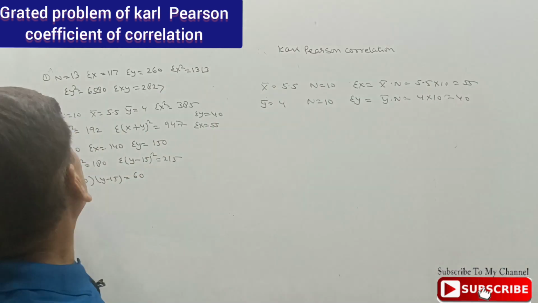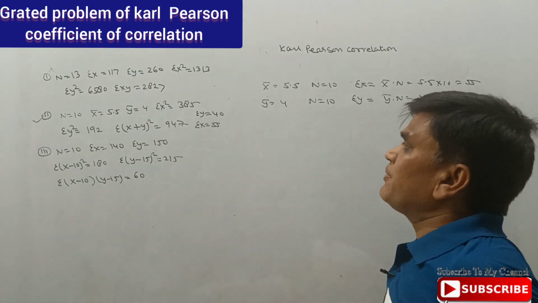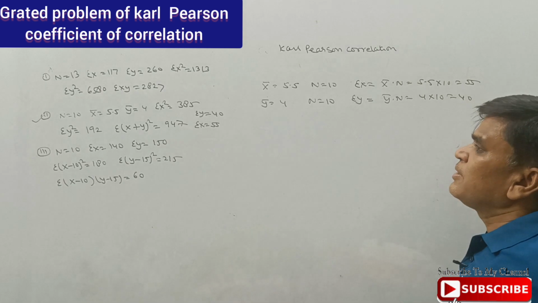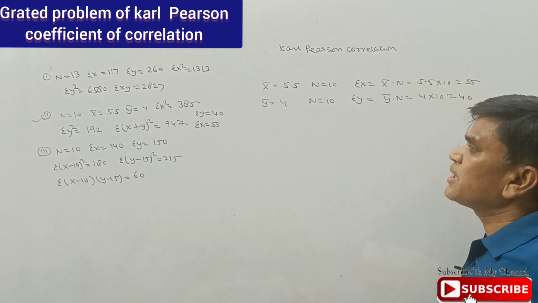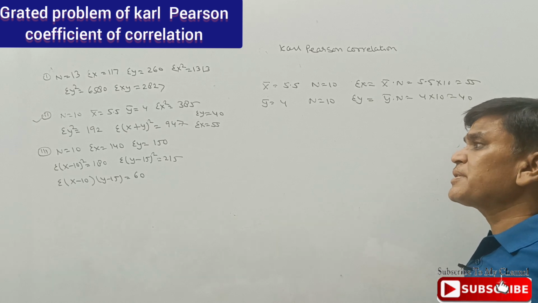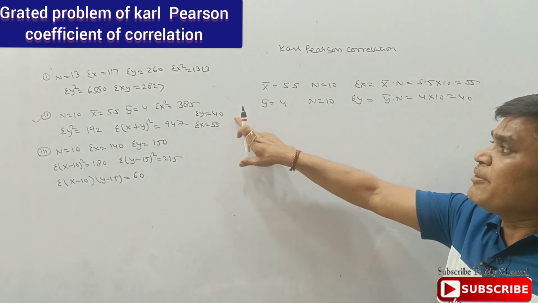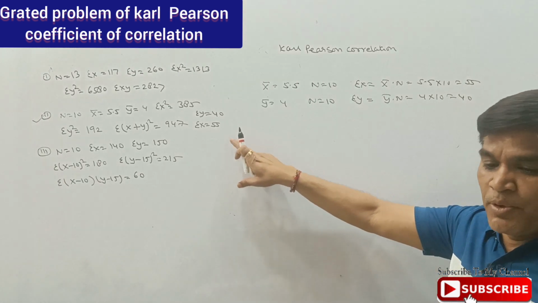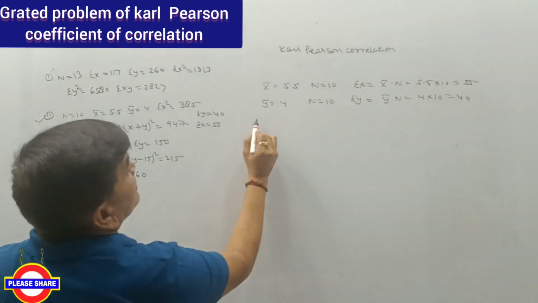So we calculated two values in the second question. n is given 10, x bar is given 5.5, y bar is given 4, sigma x square 385, sigma y square 192, sigma x plus y square is given 947. We have calculated sigma y as 40 and sigma x as 55.